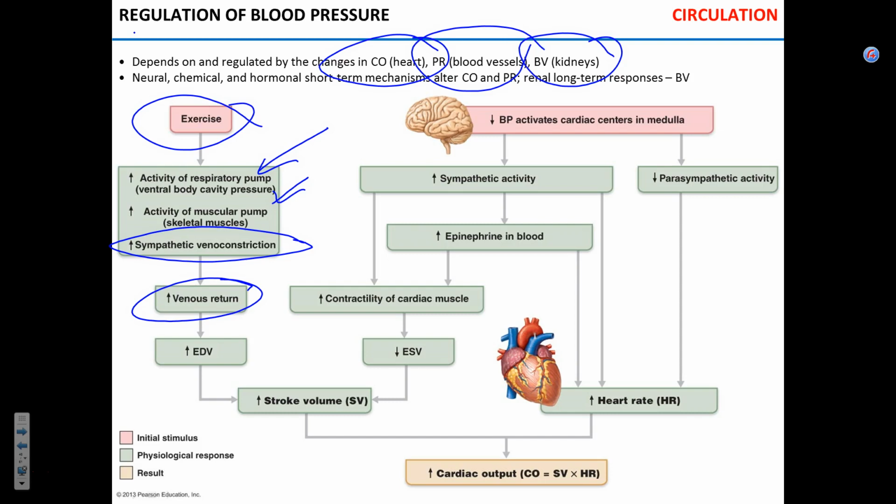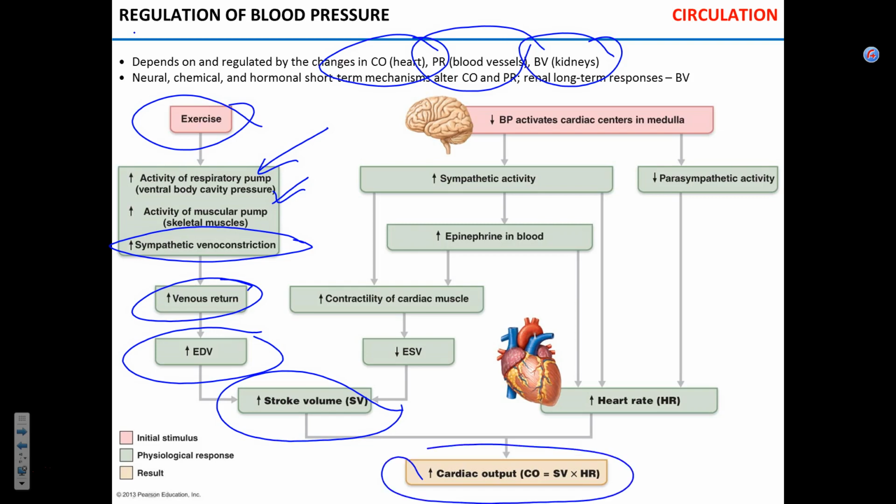That makes sense? So, respiratory and muscle pump increase venous return. That increases end diastolic volume. That increases stroke volume. Increases cardiac output. Okay? Does that make sense to you?